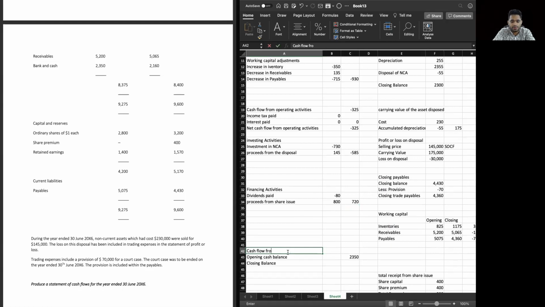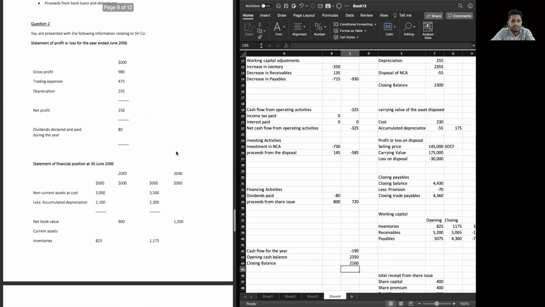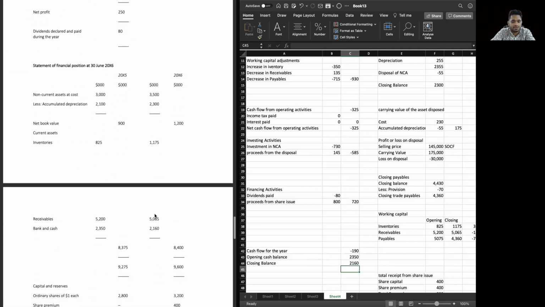So your cash flow for the year is minus 325 minus 585 plus 720, to be minus 190. So minus 190 plus 350, that's 160, just exactly your closing balance that was given to you in your statement of financial position, 160, right?